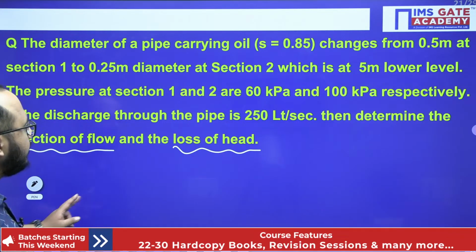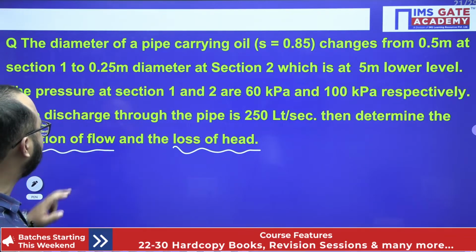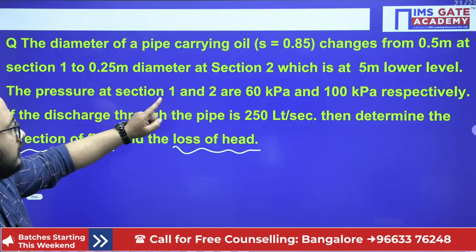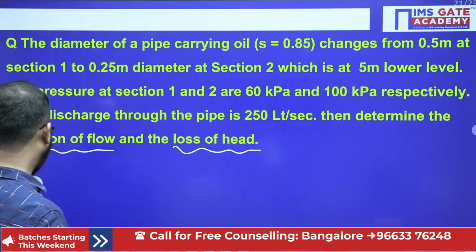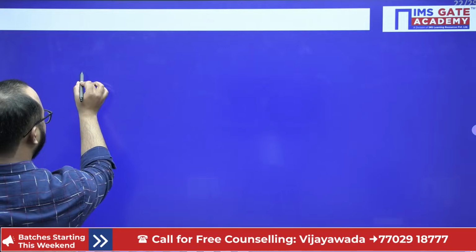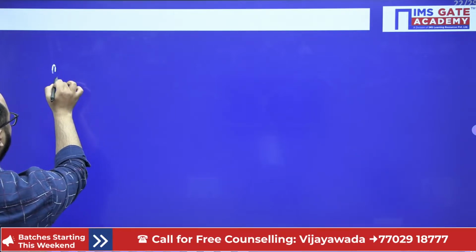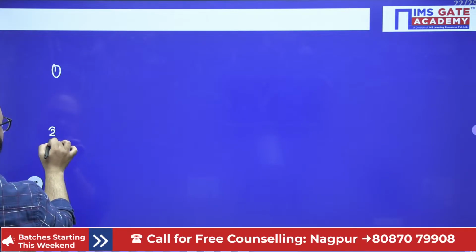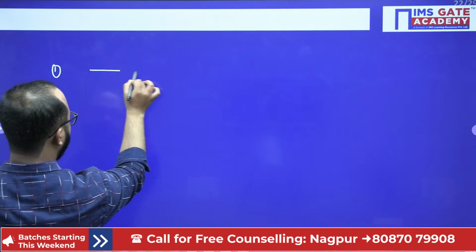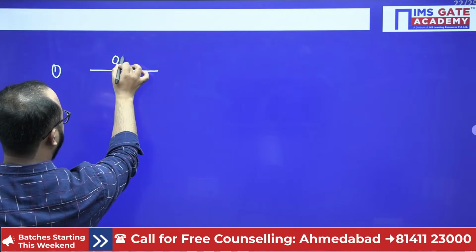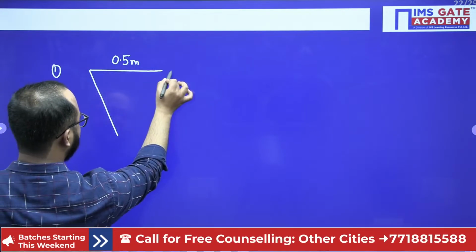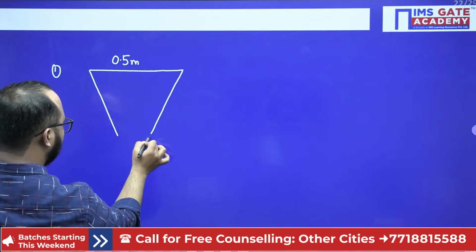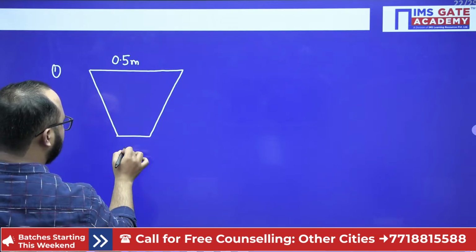Okay, so we'll draw the diagram. Section 1 is 0.5, section 2 is 0.25 diameter, which is at a 5 meter lower level. Obviously this is section 1 and this is section 2. Section 1 diameter is 0.5 meter and section 2 diameter is half, that is 0.25 meter.